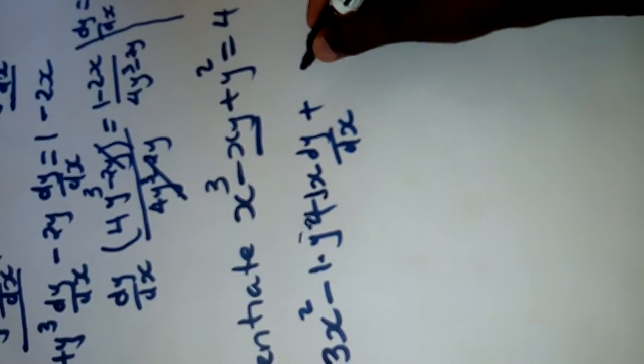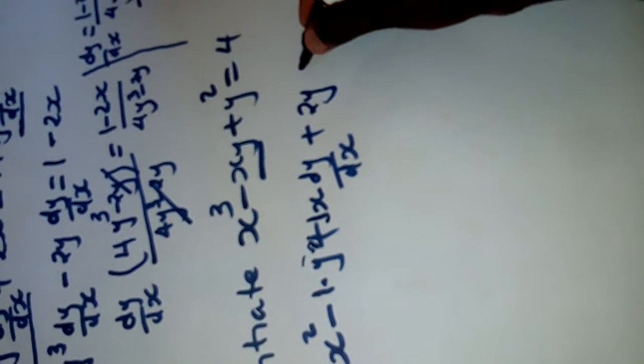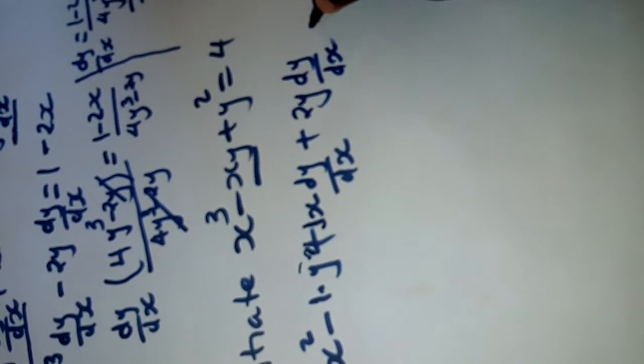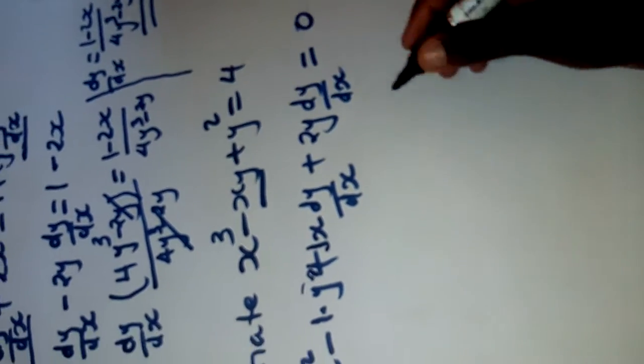Plus y squared, the derivative of y squared is 2y, and then we multiply by dy dx, because it's a function that contains y, is equal to the derivative of 4, which becomes 0.